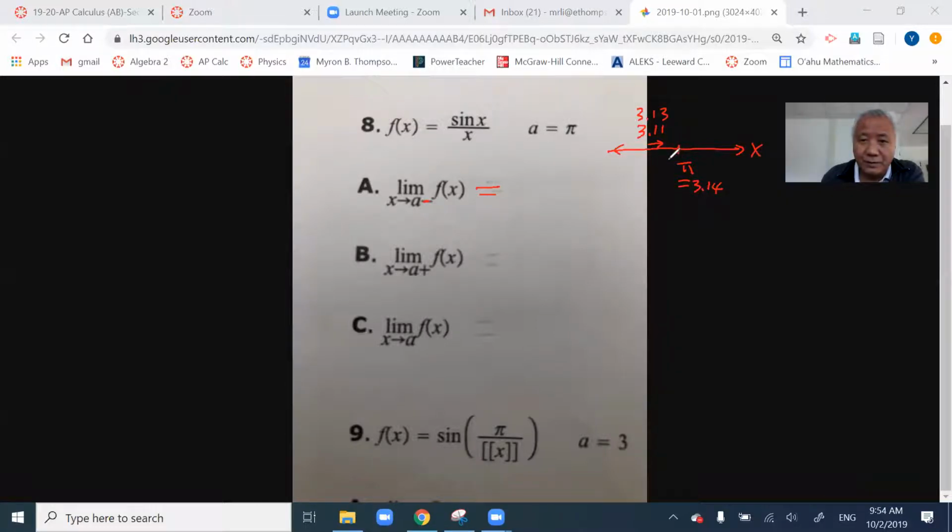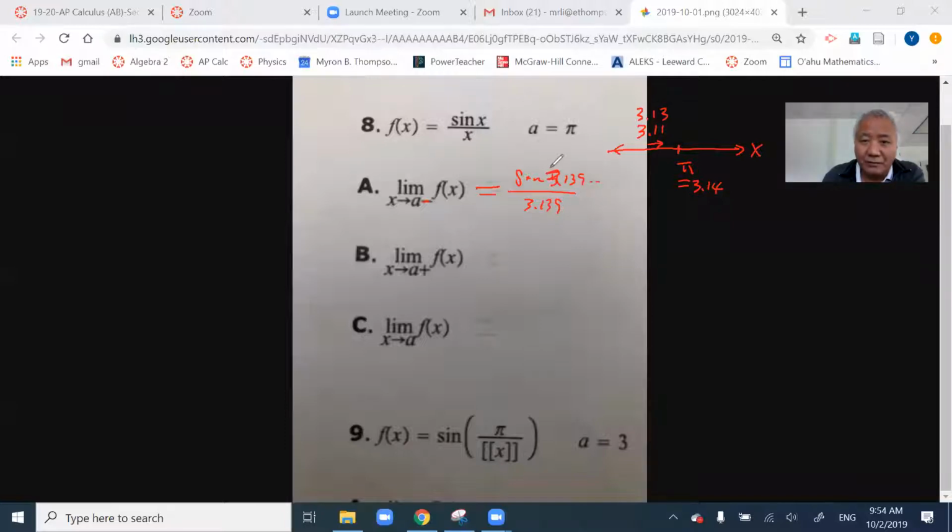So when you go this way, the top part here is sine pi. So you've got sine pi over what? This one is just close to pi, for example like 3.139, like that, right?